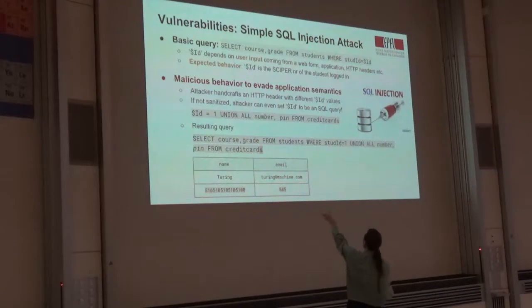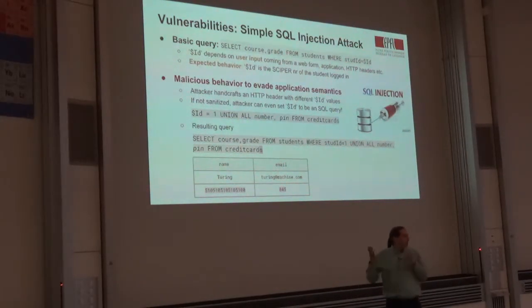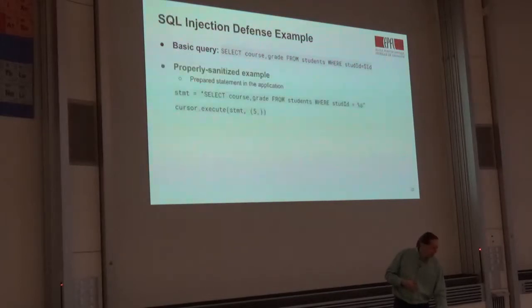The where clause was trying to say, okay, let's just return the course and grade from the student ID of that student, but it changes the query to return the entries for that student and all students and all entries from this other table of credit card information, right? So, basically dump the credit card table into the output that the attacker gets to see, right? So this is just one simplistic but kind of prototypical example of one of the many ways an SQL injection attack can occur.